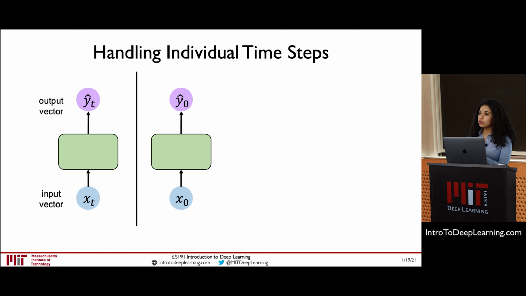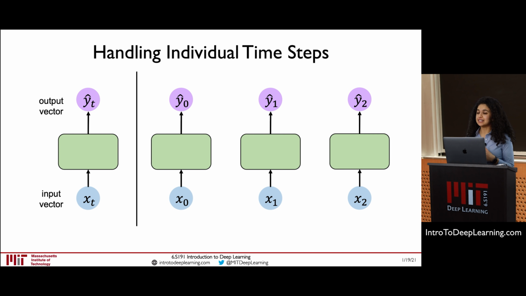We have multiple individual time steps, which start from, let's say, time 0, the first time step in our sequence. And we could take that input at that time step, treat it as an isolated point in time, pass it into the model, and generate a predictive output. And we could do that for the next time step, again treating it as something isolated, and same for the next. And to emphasize here, all of these models depicted here are just replicas of each other, with different inputs at each of these different time steps.